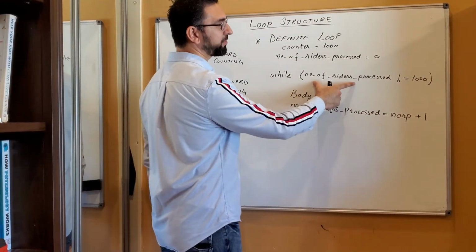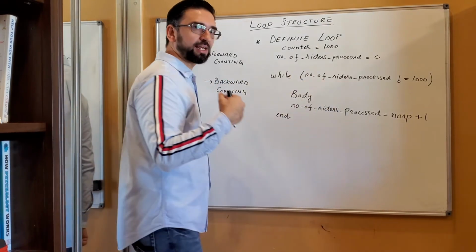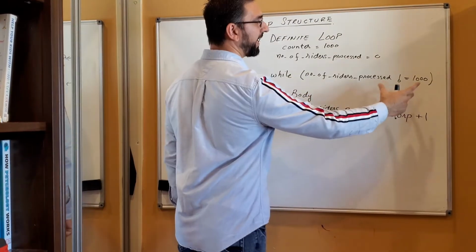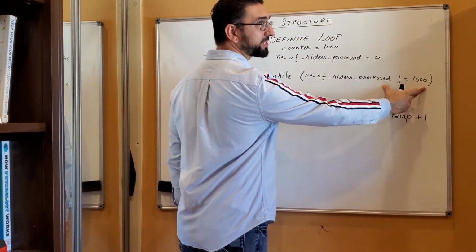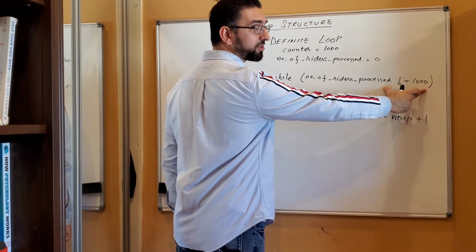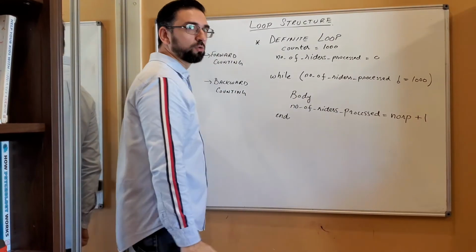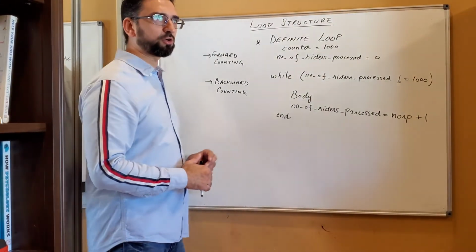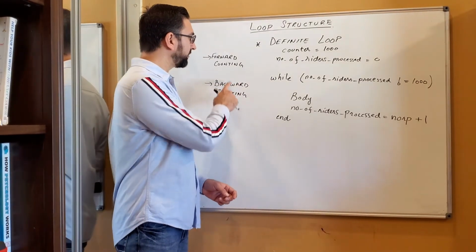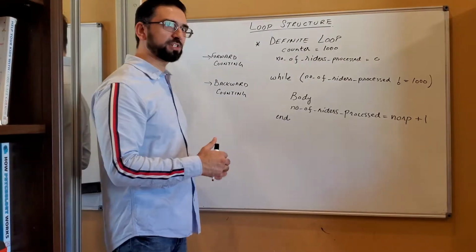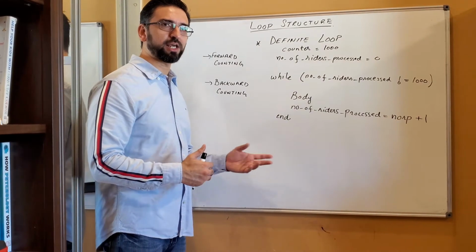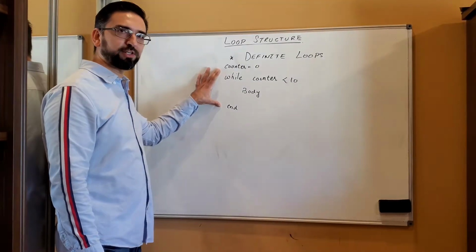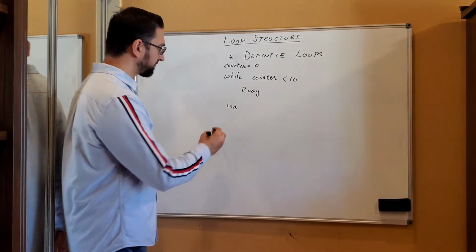The next time it processes, it knows that it has processed one rider, and now it's processing the second one. And when the number of riders processed equals 1,000, that means it has exhausted the line and it will end the loop. So that's an example of forward counting. Just make sure that whatever logic, forward or backward counting, you use, it's easier for other programmers to understand your logic. Now the same logic can be done using a different kind of loop called a for loop.